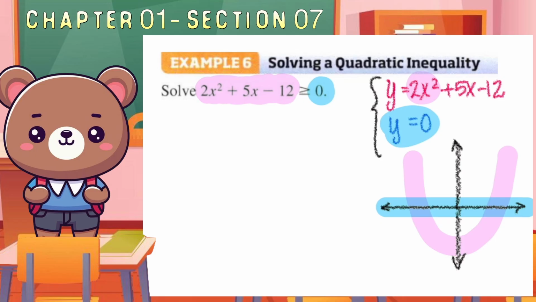Now, does it cross the x-axis twice? Maybe. Maybe it just touches the x-axis, bounces off, and goes off in its own direction like that. That's also possible. Or maybe it has this shape and it never crosses the x-axis. If this third case is the situation, then this quadratic, 2x squared plus 5x minus 12, is always greater than or equal to 0.